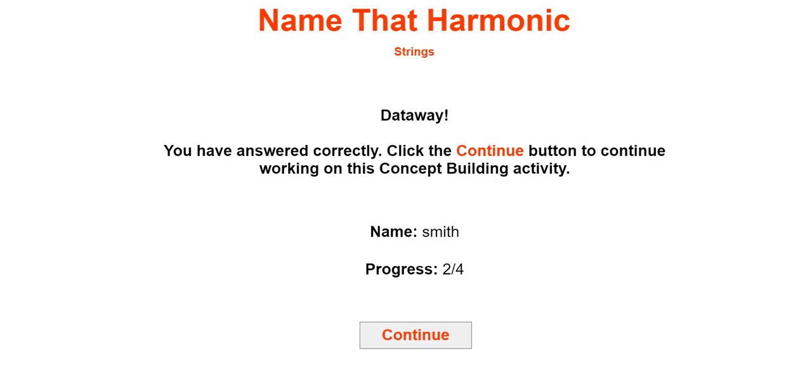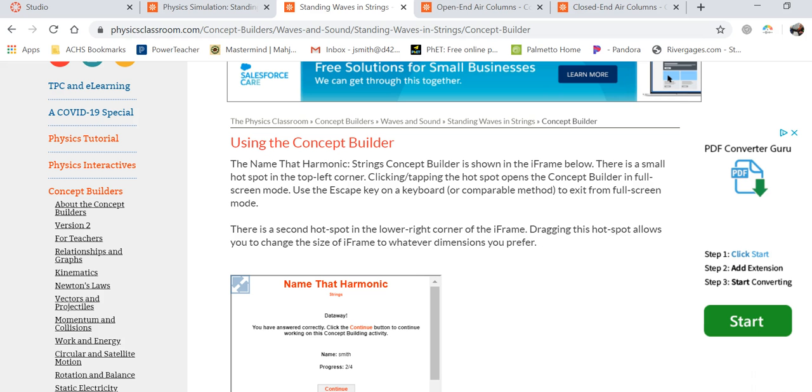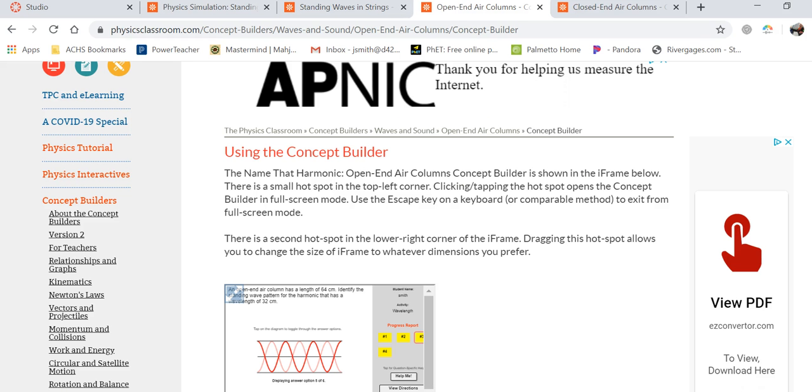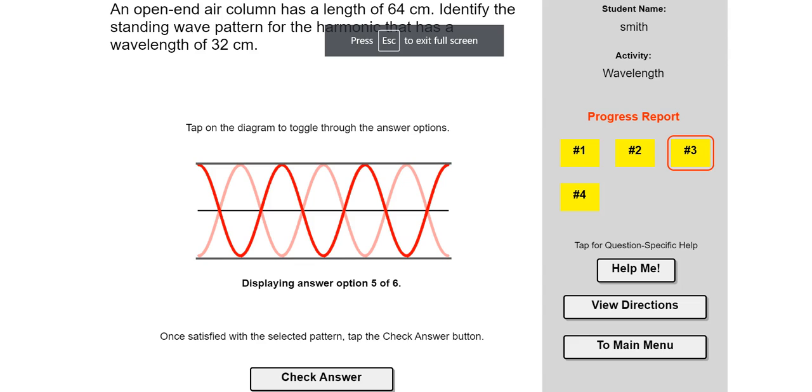Okay, now let's take a look at one for an open pipe. It says here in this problem, an open end air column has a length of 64 centimeters. Identify the standing wave pattern for the harmonic that has a wavelength of 32.